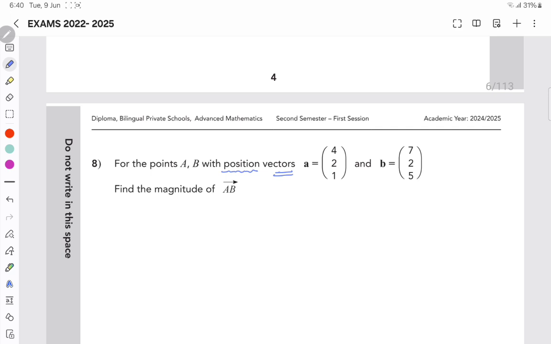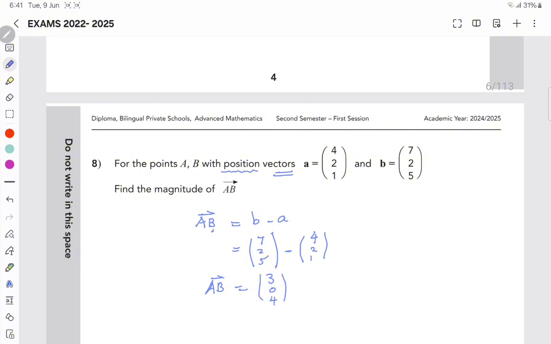Since A and B are position vectors, to find the relative displacement between any two position vectors, we just do second minus first. Now we just substitute. The second is given as 7, 2, and 5, minus the first, 4, 2, and 1. So the vector AB will be 7 minus 4, 3, 2 minus 2, 0, 5 minus 1, it will be 4.